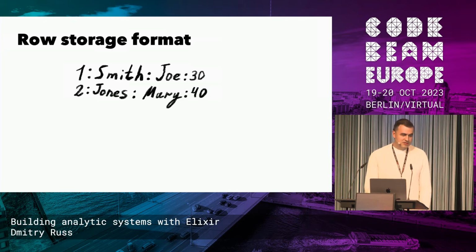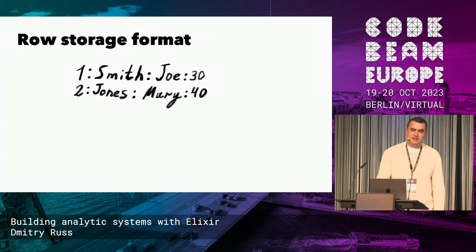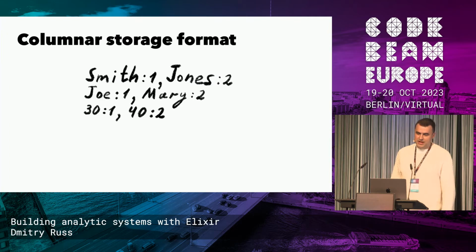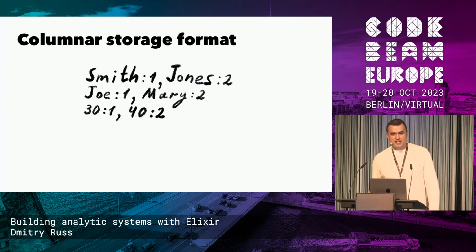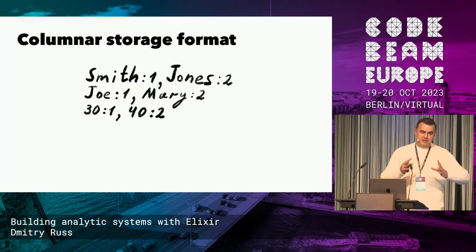So, and what's different if you use a column database, or columnar storage format? You actually do not save the whole rows together. You just save every column which you have separately from everything else.